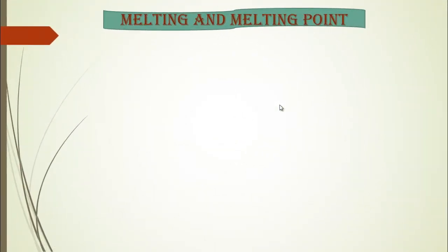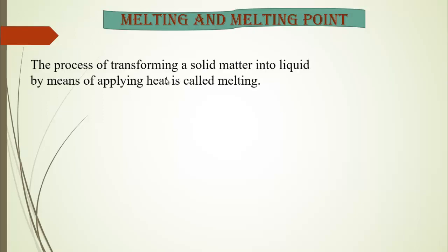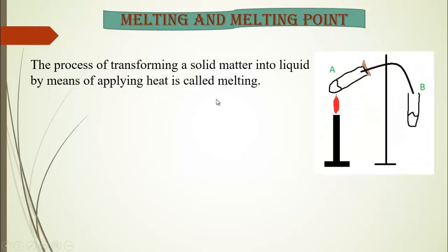Now we will know about melting and melting point. Melting: the process of transforming a solid matter into liquid by means of applying heat is called melting. Follow this picture. Suppose this is a solid substance. When we apply heat, then once upon a time it will convert into its liquid state.